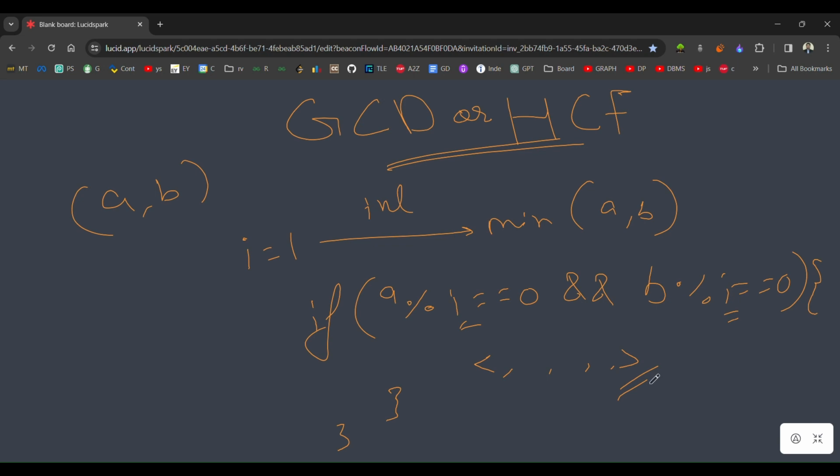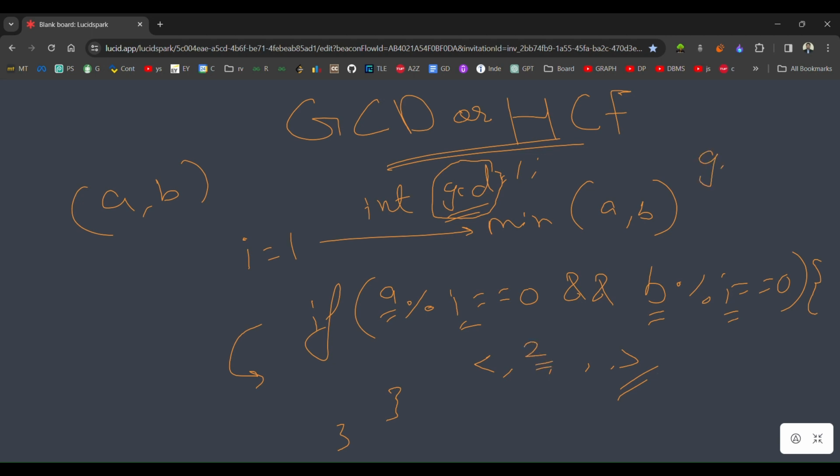We will maintain a variable, let's say GCD, and let's place 1 first of all, and then as we move forward we will change the GCD, right? So if there is some divisor that divides A and B completely, we will override this. So let's say in future, let's say 2, right?